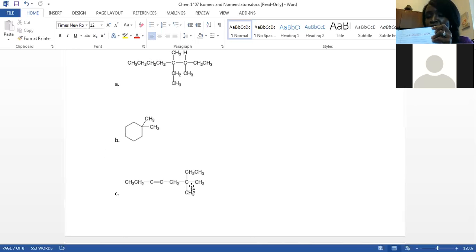So you have a structure that has 8 carbons on the longest chain, but you also have a triple bond from the Y and E on carbon number 3. From this longest chain, you have 2 side groups. How do you know? The numbers right here. On carbon 6 and again on carbon 6, there are 2 side groups, and these side groups are called methyl side groups. So the idea is from the name of the molecule, you should be able to get the structure.